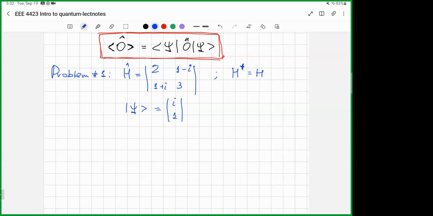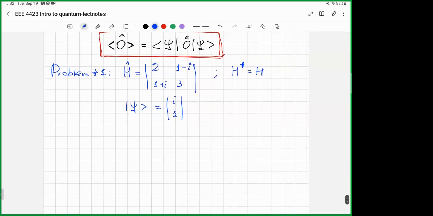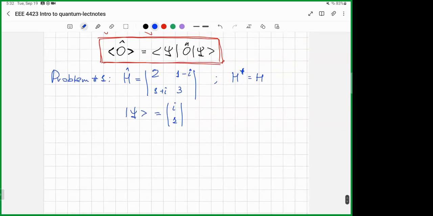To do so, I basically apply the formula above. I write the expectation value for this quantity H, and it's equal to psi H psi.